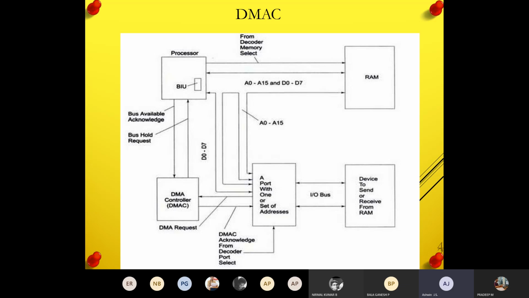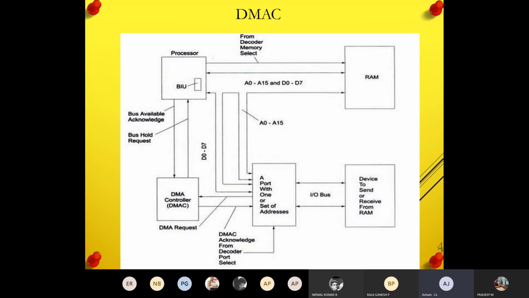Once the DMA receives that, it gives the hardware access to communicate with the RAM separately. You can see the address bus as well as the data bus, connected from RAM to the port. Here you can also see the DMA request and DMA acknowledgement from the decoder.